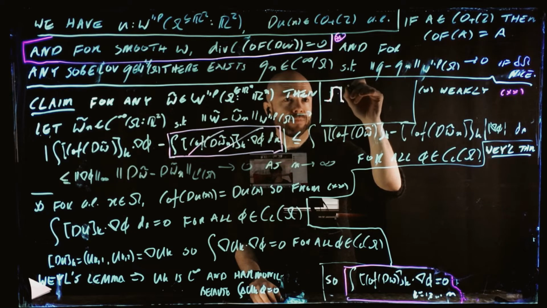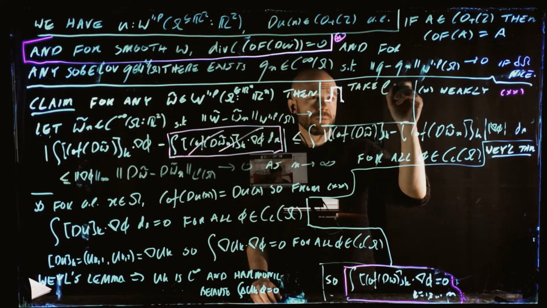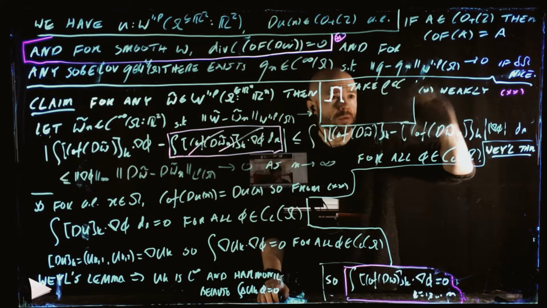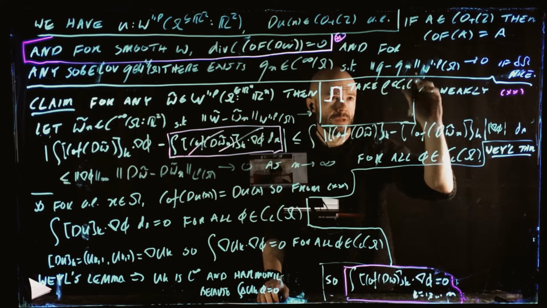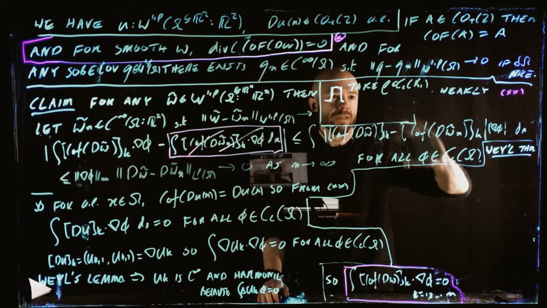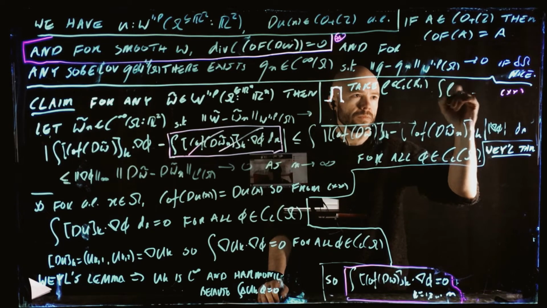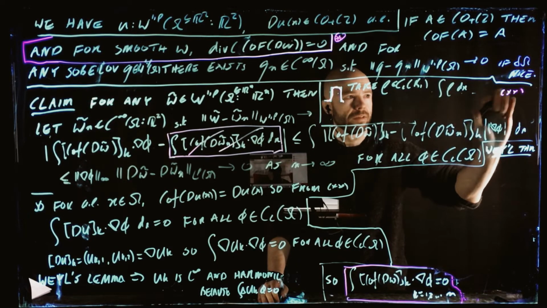So we're going to take phi, which has got compact support, let's support it just inside the ball of radius 1. Like this. We want it to have integral equal to 1. So this is the integral in whatever dimension we're in.